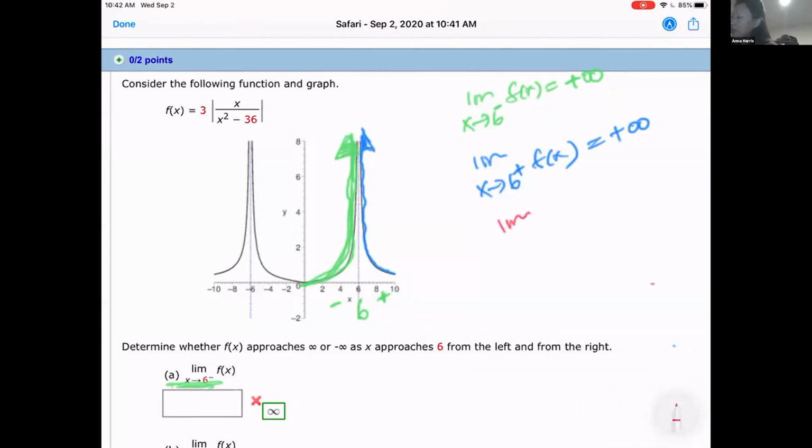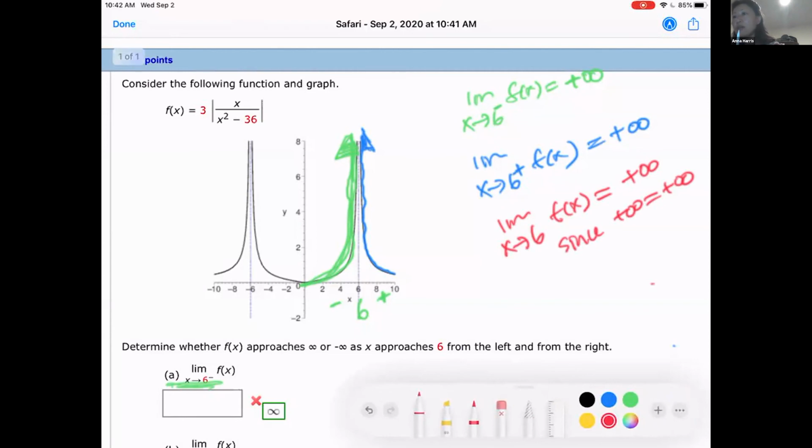Stephanie, what's my limit at 6 then? Positive infinity. All right, why? Because they both equal positive infinity. Both positive infinities, right? All right, let's look at the -6 now.